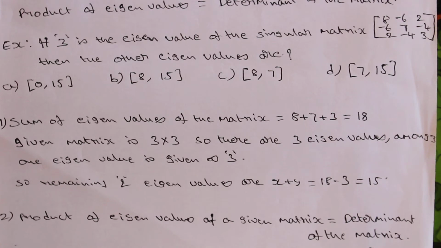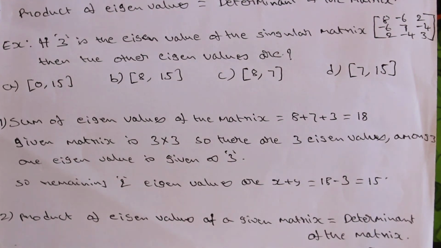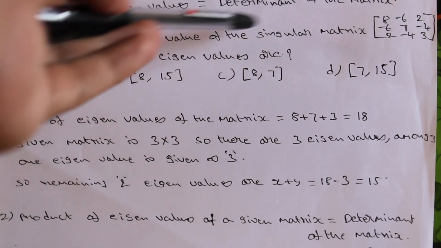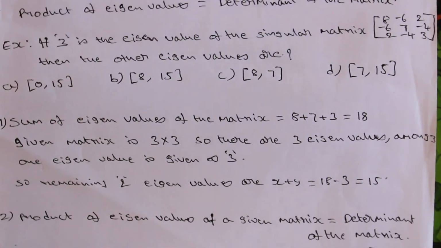Now look into the question carefully. It is mentioned as a singular matrix. You know what a singular matrix is: a singular matrix has determinant 0. In our second point, the product of the eigenvalues is equal to the determinant of the matrix. Since the question clearly says singular matrix, we need not calculate. The determinant is 0, so the product of the eigenvalues must be 0, which indicates there must be a 0 among the eigenvalues.